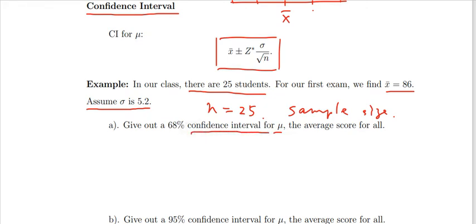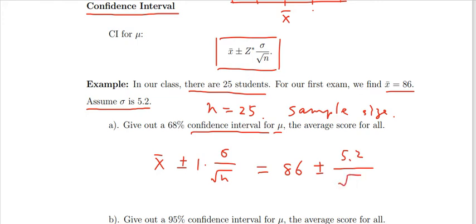So here we want to find the 68% confidence interval for mu. This is x bar plus minus 1 times sigma over radical n. We plug in: x bar is 86 plus minus sigma, 5.2, over radical 25.